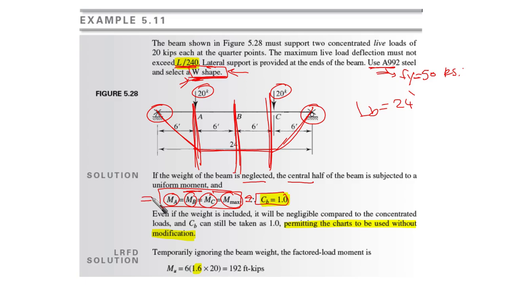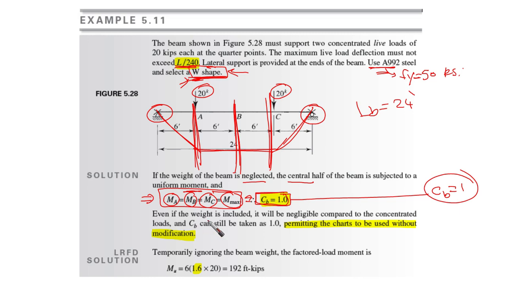If they are all the same, then Cb equals 1, as I have explained before. So there is no need to adjust for the moment. Whatever nominal strength we obtain from the curve, we are going to use it directly without any modifications.